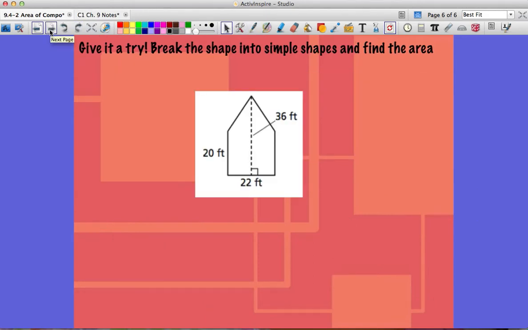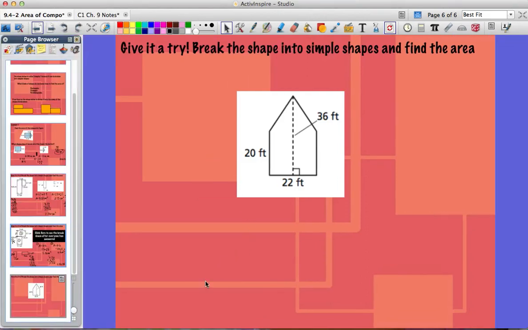Right? So now you have the opportunity to give this a shot on your own. I want you to post your answer to Edmodo. I want you to first tell me what shapes did you break it into. And then the second, give me the area of the entire shape.